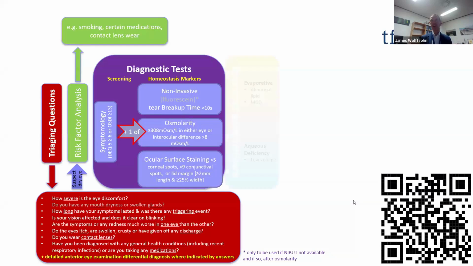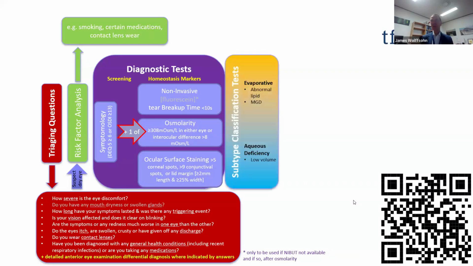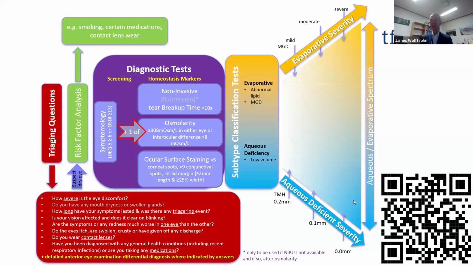And from that, if you're diagnosing them with dry eye, then we go on to our subclassification into evaporative and aqueous deficiency. And this is something that we're working on specifically within TFOS DEWS 3, and then on to the different managements.